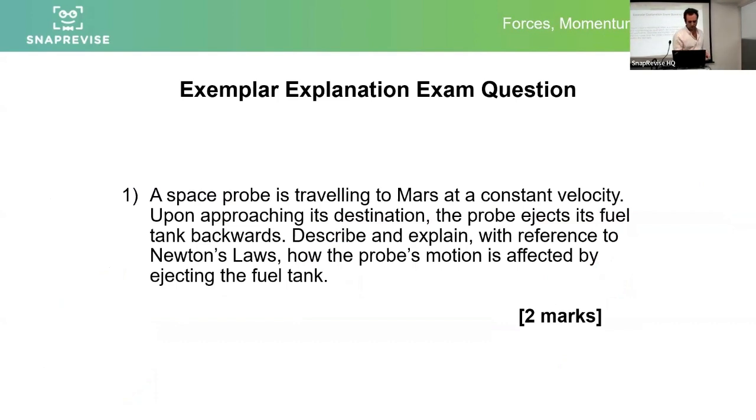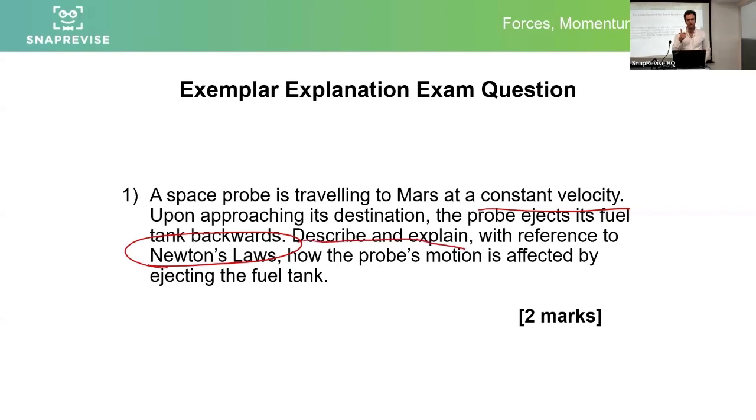A space probe is traveling to Mars at a constant velocity. Upon approaching its destination, the probe ejects its fuel tank backwards. If you weren't already thinking Newton's third law or Newton's laws in general, they make it explicit here. Describe and explain are our command words.